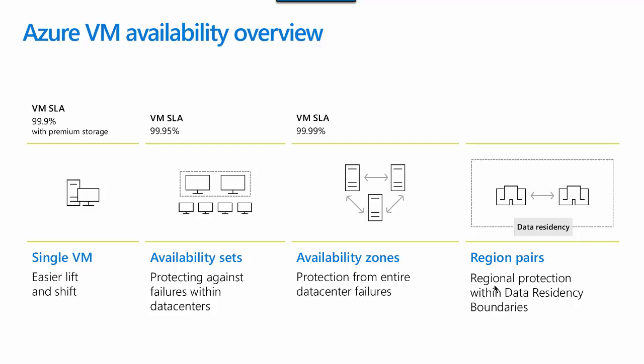For example, a data center failure in case of a power outage in the entire data center. Your application services and VMs can continue the application services in a different zone. So that level of protection is also available.